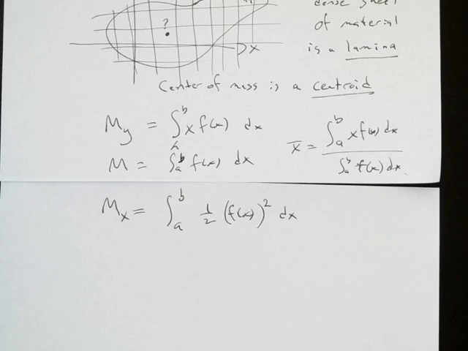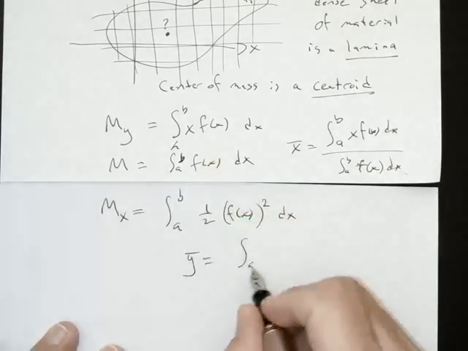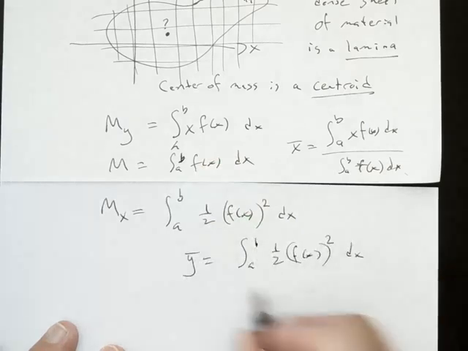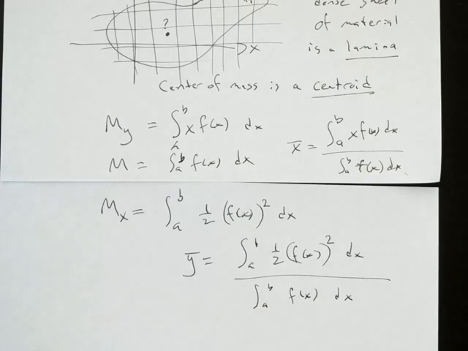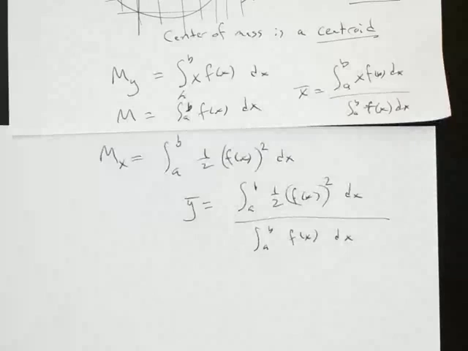All right, wait a second. I get x bar by doing this over the mass. I get y bar by doing this over the mass. Now this is, at the moment, strictly theoretical. So let's actually make this a little more practical.